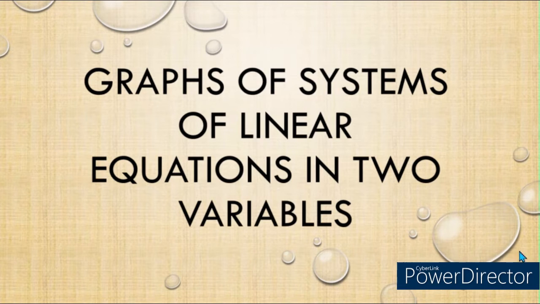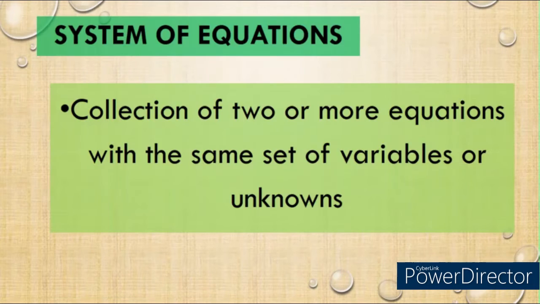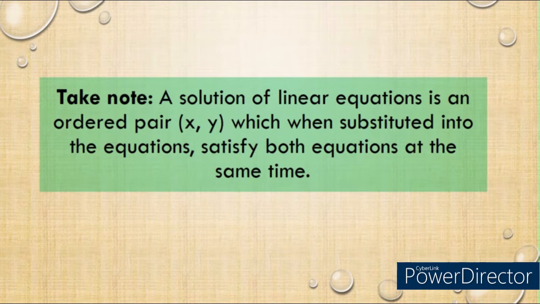Okay, so a system of equations is a collection of two or more equations with the same set of variables or unknowns. Take note that a solution of linear equations is an ordered pair, where the ordered pair natin ay x and y.